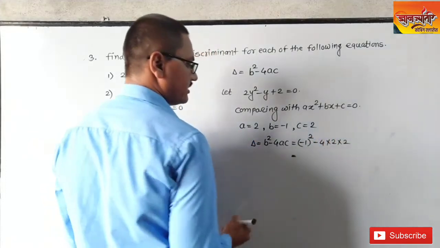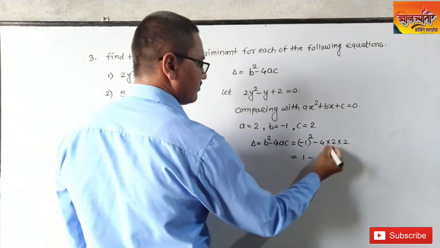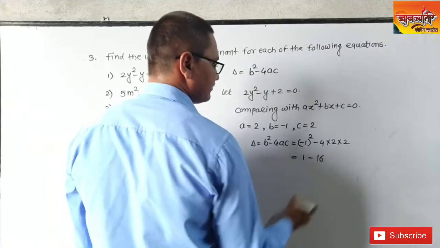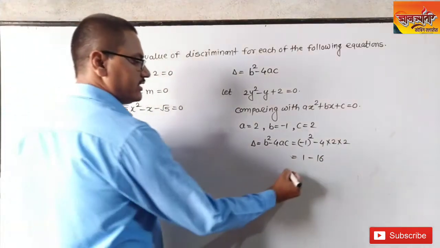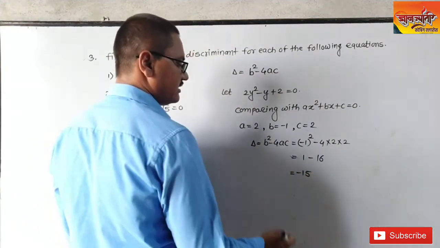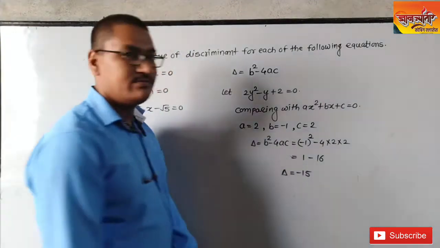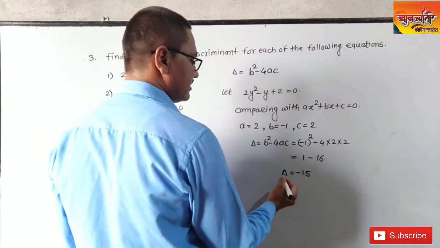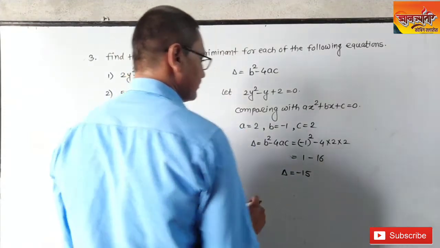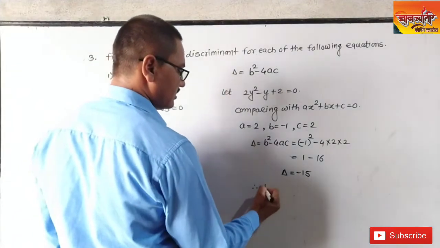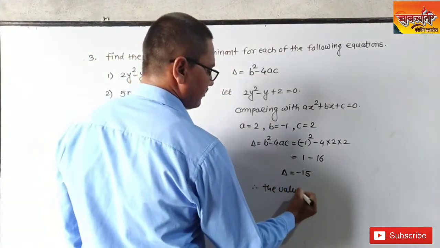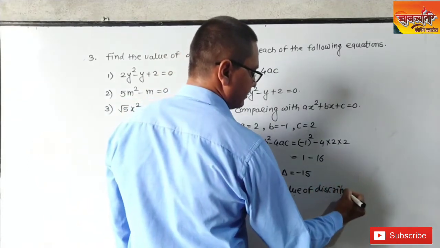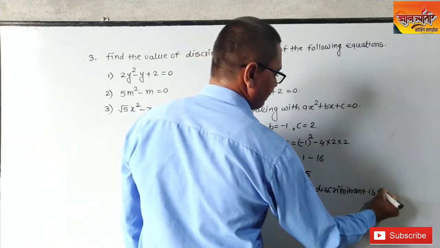After simplifying, we get 1 - 16, since 4 × 2 × 2 is 16, which gives -15. That means the value of the discriminant of the first equation is -15. You can also write the conclusion: the value of the discriminant is -15.